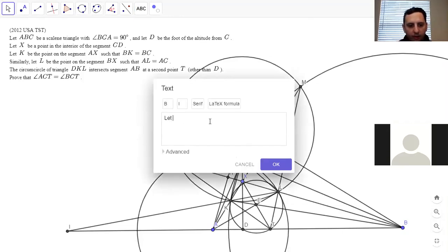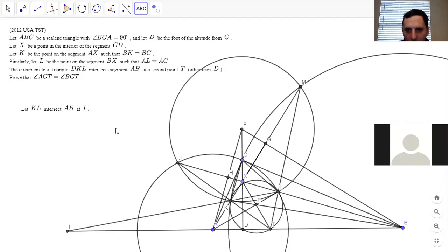Okay, I'll start. Let KL intersect AB at I. And then, so what points did we define? I forgot everything we did.